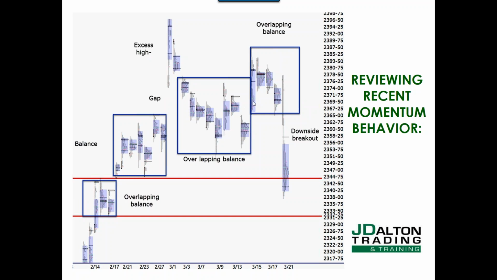This process was telling me that the market was getting very, very late in the process. Plus we had an excess high. For those of you that got our weekend letter, we're putting out one letter on Sunday, and then we're updating it on Wednesday for those that are in the Kickstart program, or for those that are JD members.